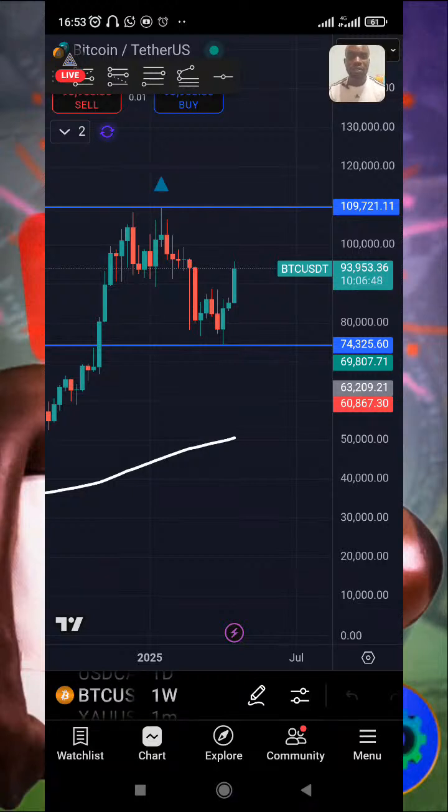And then this is not a set and forget type of bot. No, you don't set and forget. We know that the market always has three conditions: consolidation, manipulation, and trend. So it will always shift. The market won't trend forever. The market always goes through CMT: consolidation, manipulation, and trend.